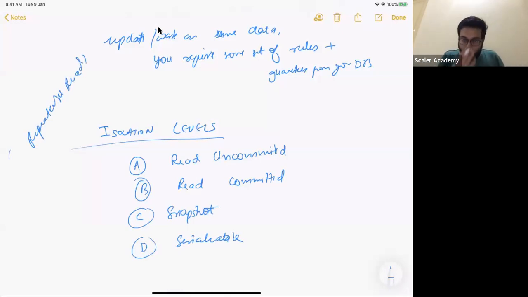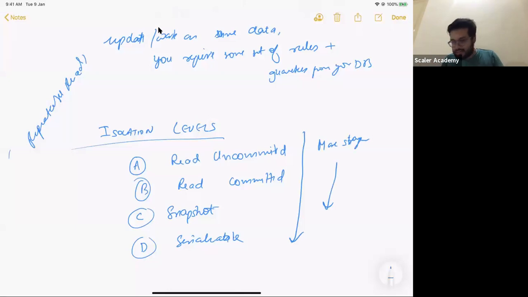Good. Now the point is, these isolation levels are basically some set of rules or some set of guarantees that the DB is going to give you. Okay. The guarantees increase as you move down. You see stronger and stronger guarantees as you move down.